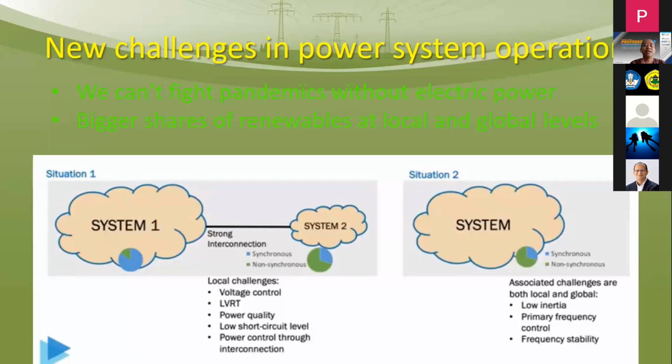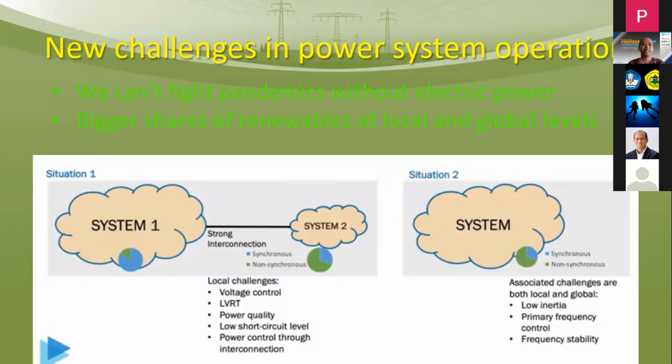If there is a system like this, there are some challenges that need to be considered. And the second situation is where in a system the domination of non-synchronous generators is very clear. So it brings its own special challenges that are important to consider.